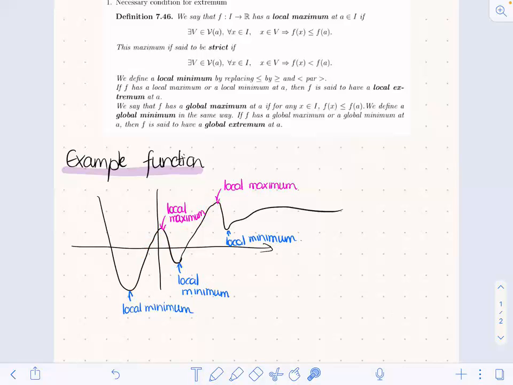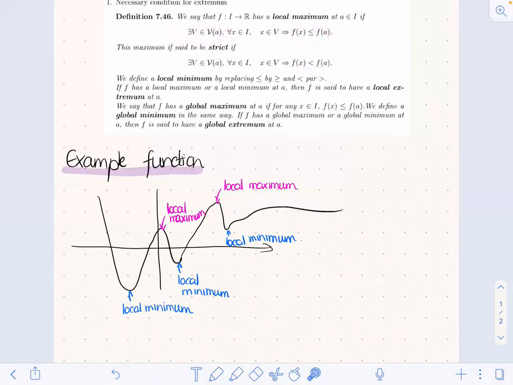So a local maximum or a local minimum equally is a point of your x-axis for which, on a neighborhood of that point, all of the values for the function are either smaller or bigger than that point, depending on whether you're a maximum or a minimum. And you'll be strict if you have a strict inequality here. This contrasts with the global maximum or global minimum definition.